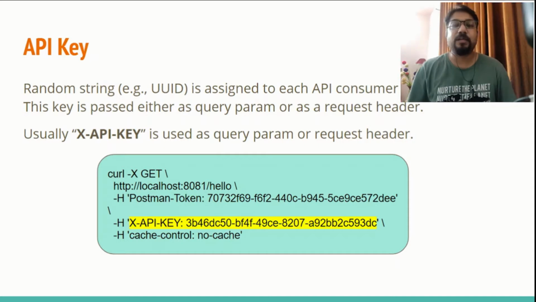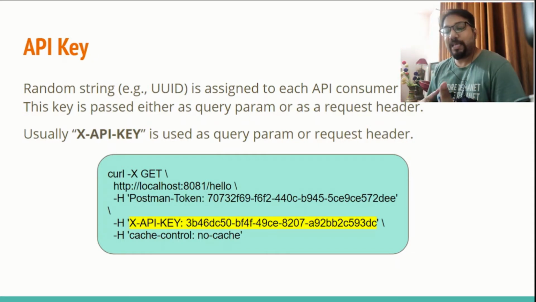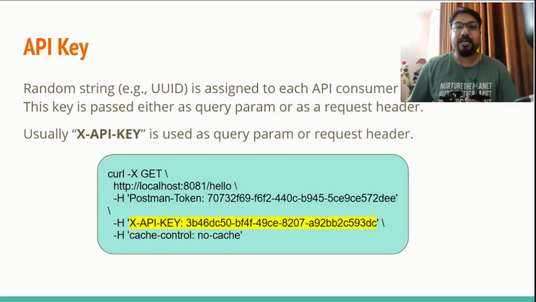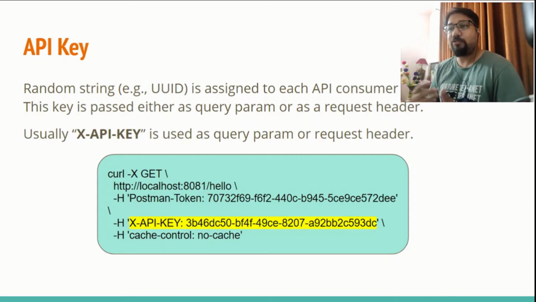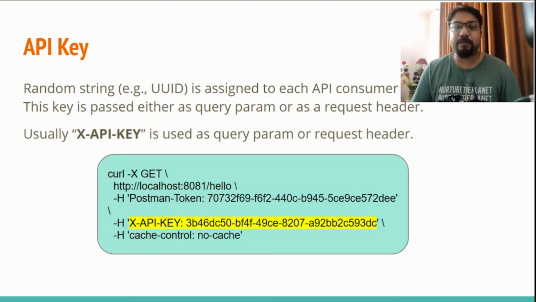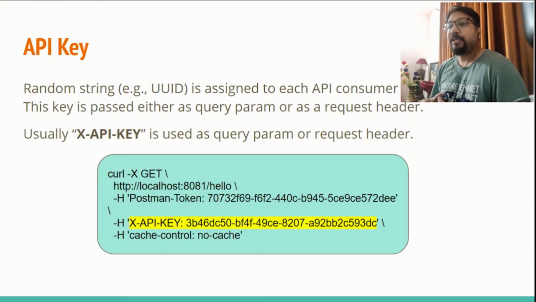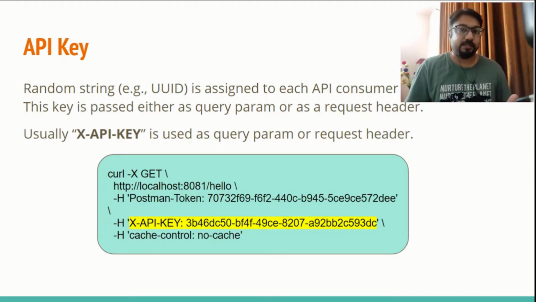This can be passed in two ways: either as a query param or as a header param. For example, we generally use x-api-key. In the query parameter, after the question mark, we send x-api-key equal to my API key. And if the API key is valid, then your API will be invoked successfully.